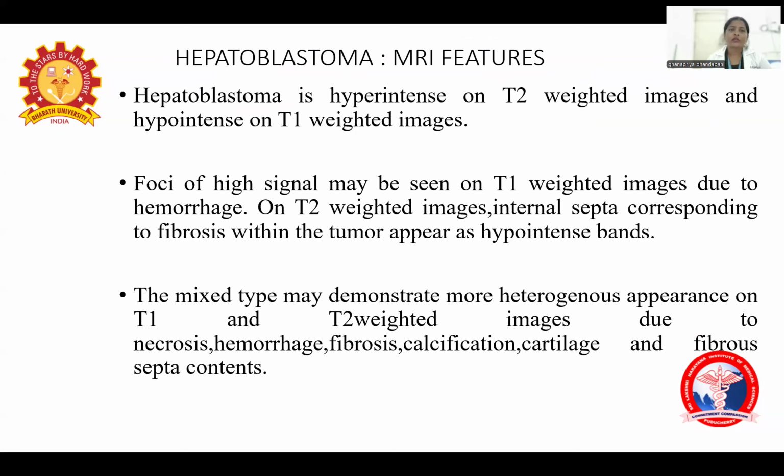There can be foci of high signal on T1 weighted images due to hemorrhage. Similarly, on T2 weighted images, septations can occur, which appear as hypointense bands. The mixed type of hepatoblastoma may demonstrate a more heterogeneous appearance on both T1 and T2 images due to necrosis, hemorrhage, fibrosis, calcification, and cartilage and septal components.